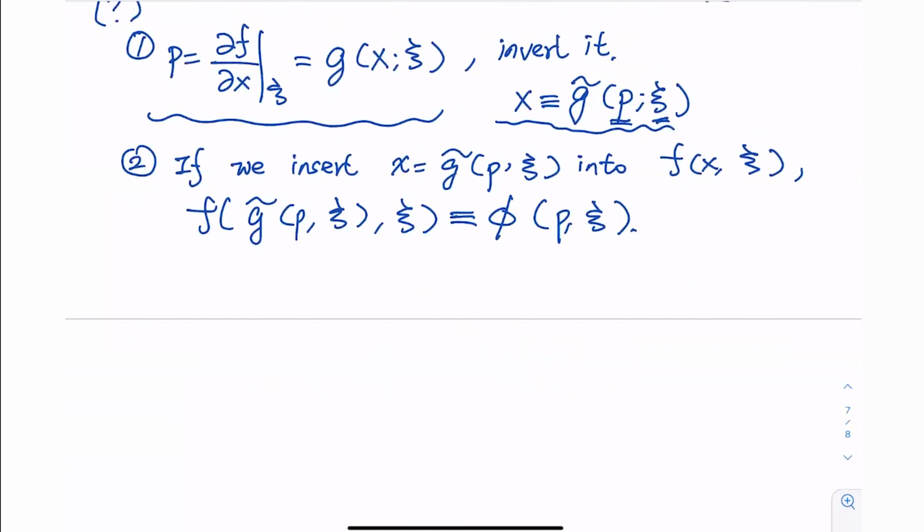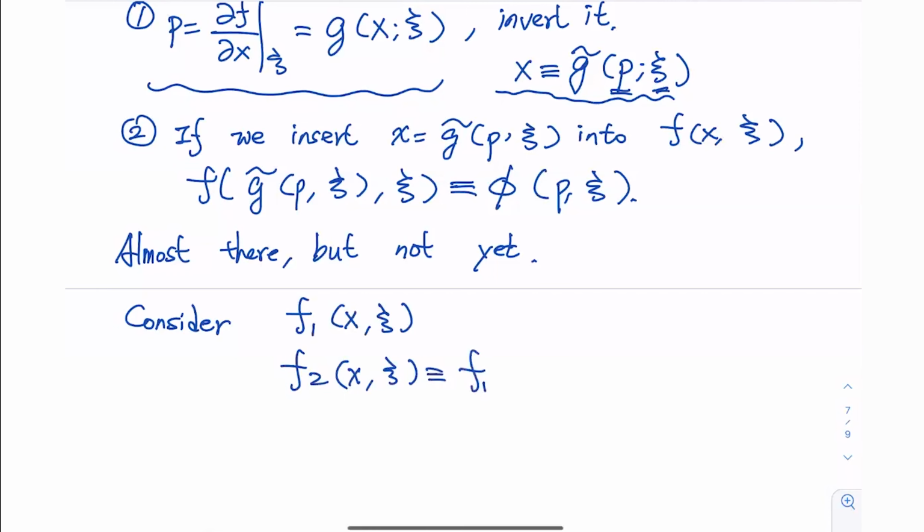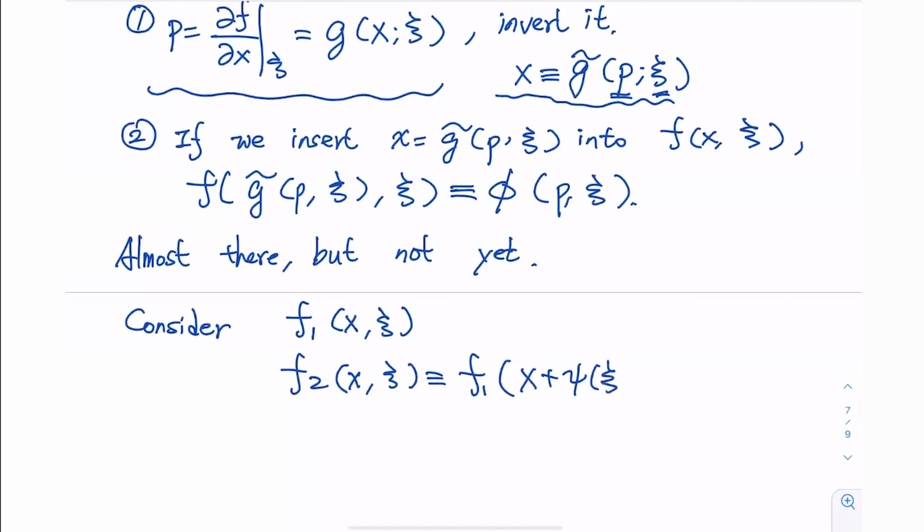The reason is, if we consider a function, say f1 as a function of x and c, and another function f2, also a function of x and c, but related to the f1 function with the x coordinate adding an arbitrary function, basically psi of c.